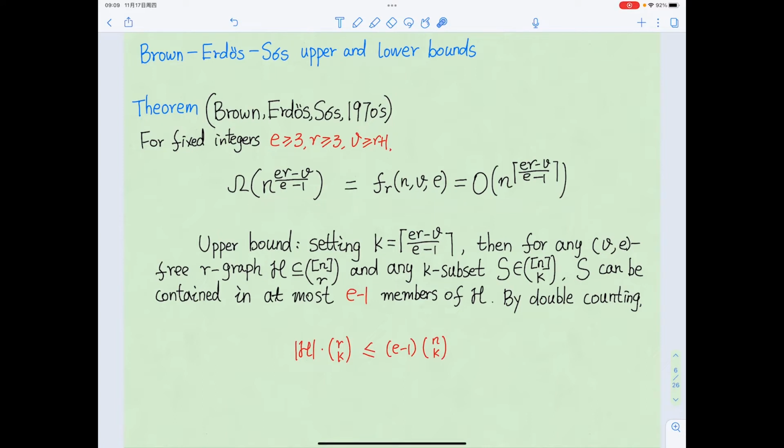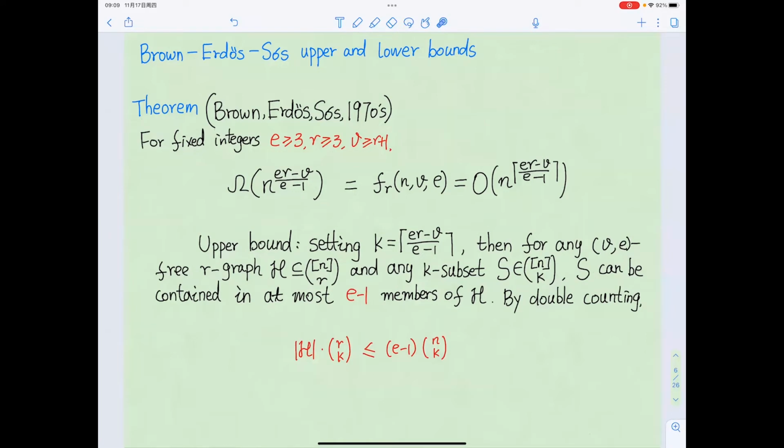So for example, how to prove the upper bound: you can set k equal to the ceiling function of (er − v)/(e − 1). Then you can check that if an r-graph is V,E-free, then any k-subset S can be contained in at most e − 1 members of H. So S can be contained in at most e − 1 edges.